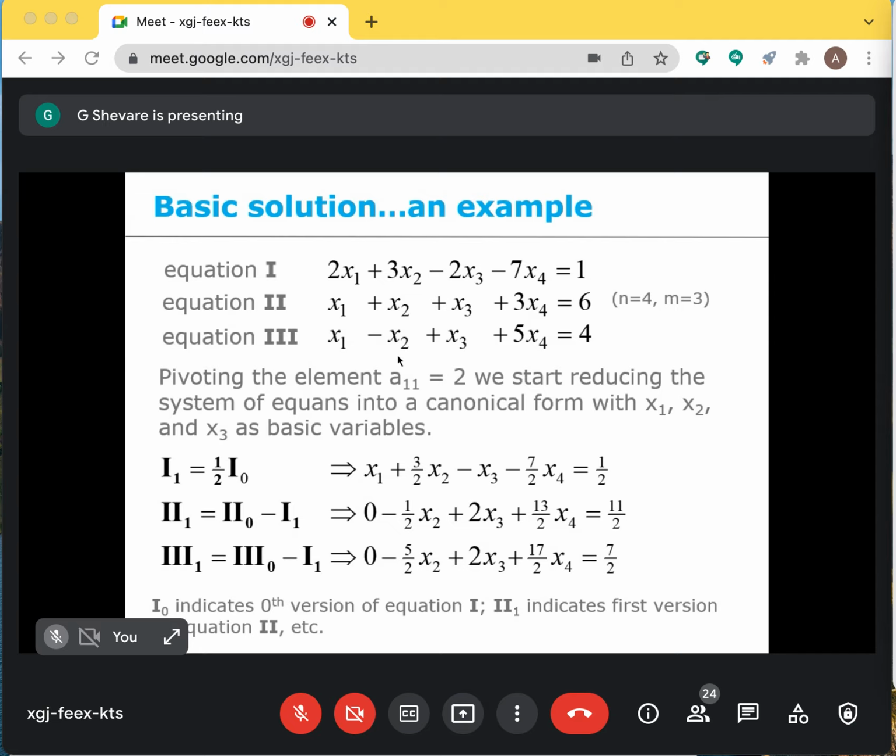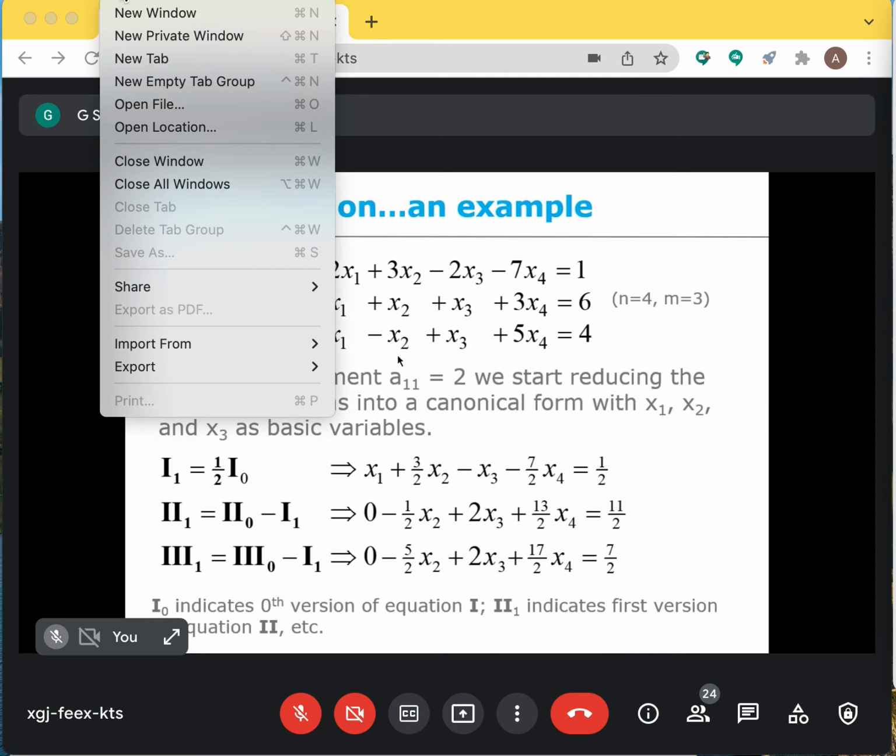Now what can be done is I'll do some pivotal operation and convert this set of equations into a new set of equations by the pivoting operation. Here for example, the first equation is actually half of the original equation. The subscript indicates the equation.